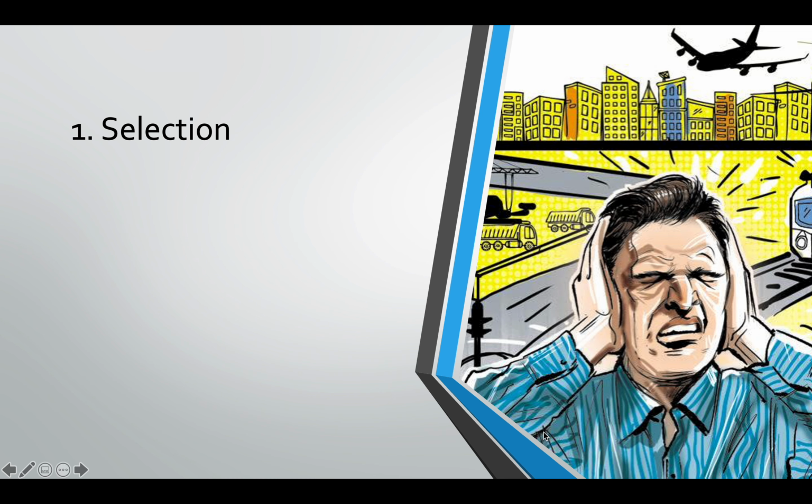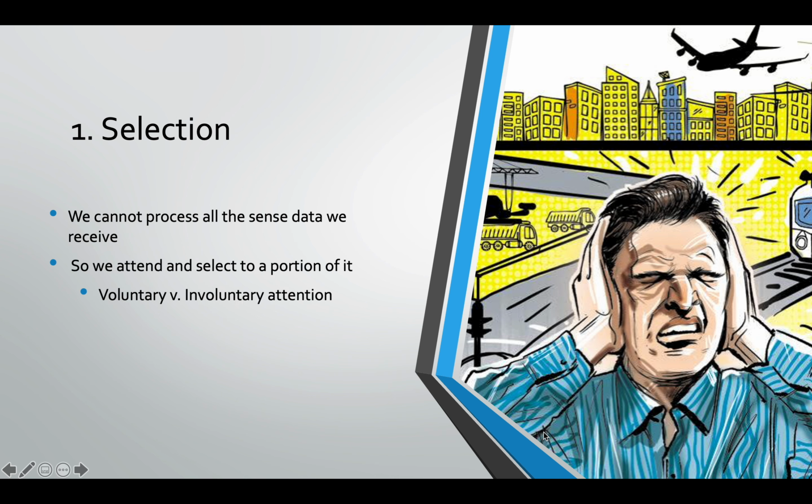When we are selecting, we're dealing with a reality that there's so much information coming to us from the outside that we cannot possibly process all the sensory data that we're receiving. So we have to ignore a bunch of it, and luckily we can attend to and select a portion of it to focus on and make more meaningful.